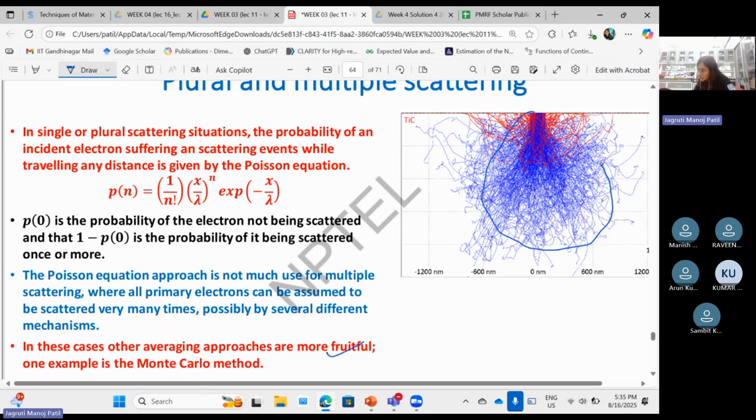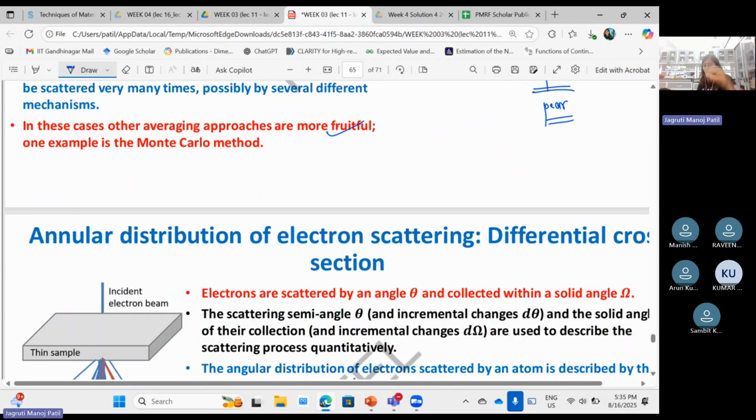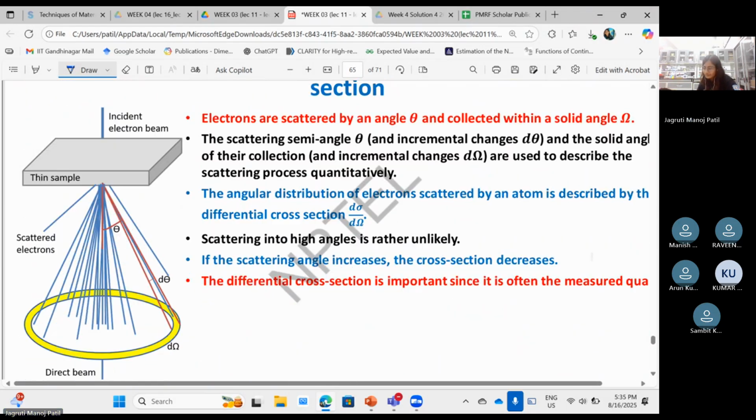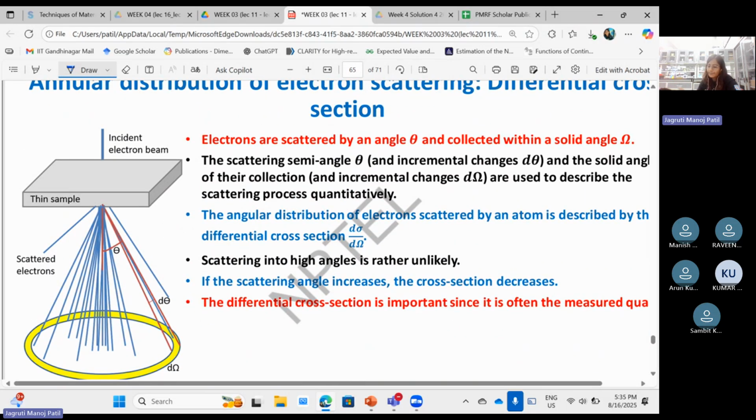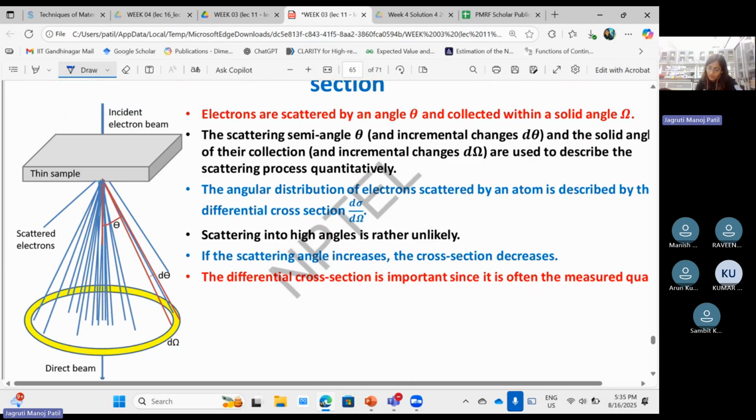If you see the shape over here, it is called a pear shape, pear as in the fruit. That drop will eventually depend on the scattering cross section, so on how much energy or how much area the scattering is happening through.